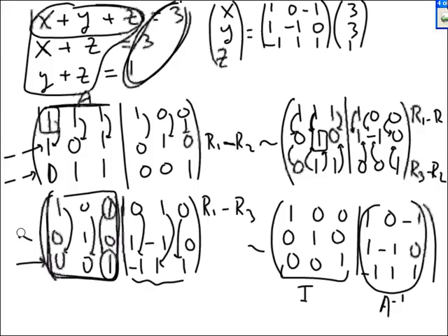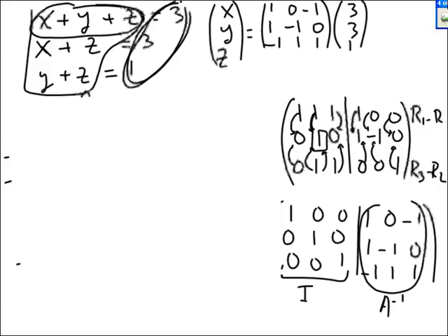We erase some of this, and we'll do the multiplication carefully. We take the first row, 1, 0, negative 1, and we dot it with the first column, the only column. We get 3 plus 0 is 3, minus 1 is 2.